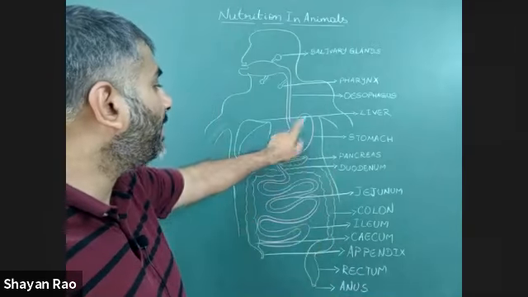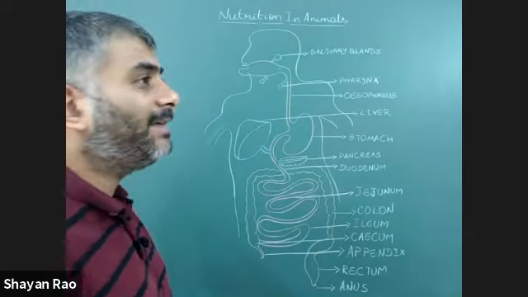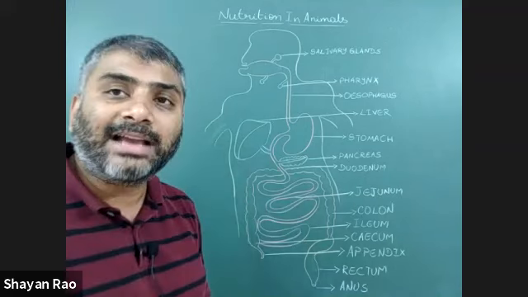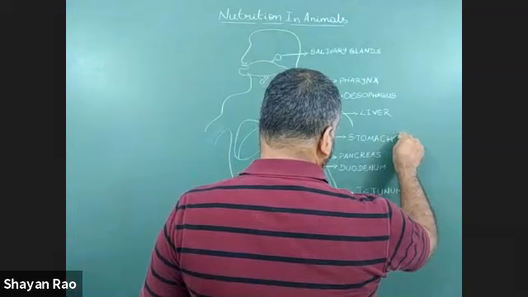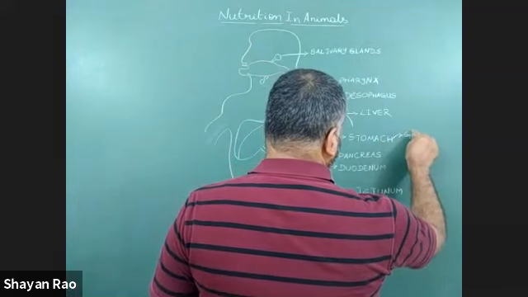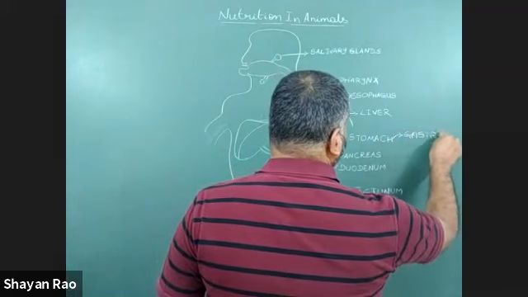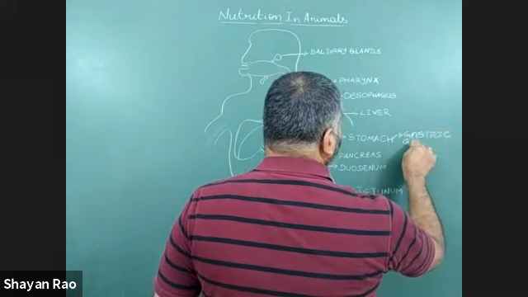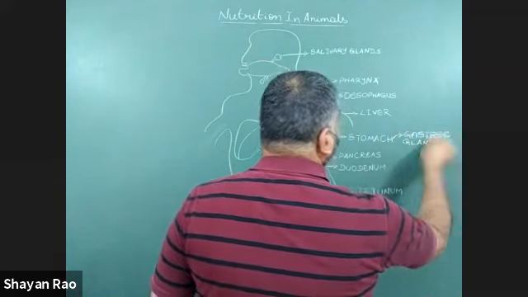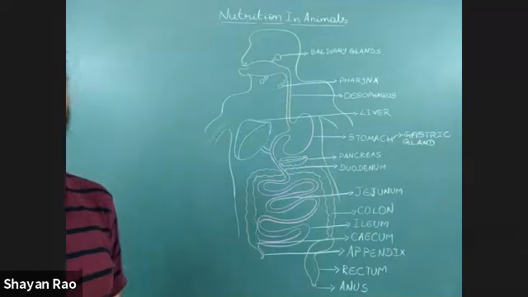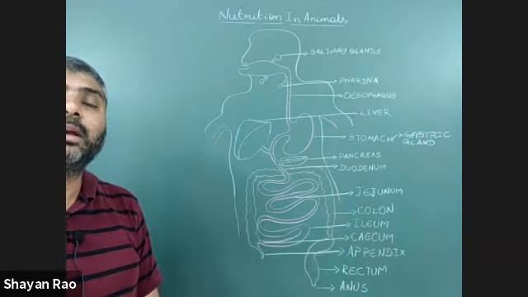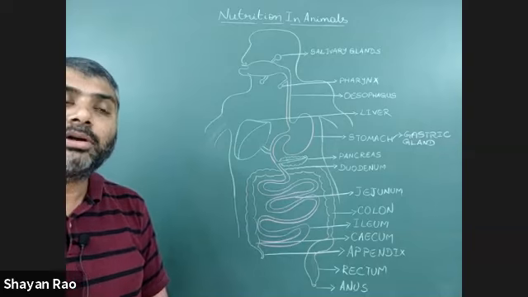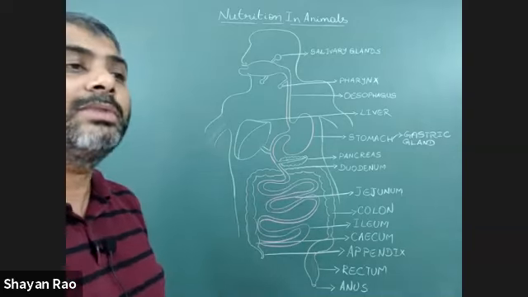The stomach has gastric glands. The gastric glands secrete an important enzyme along with an acid.